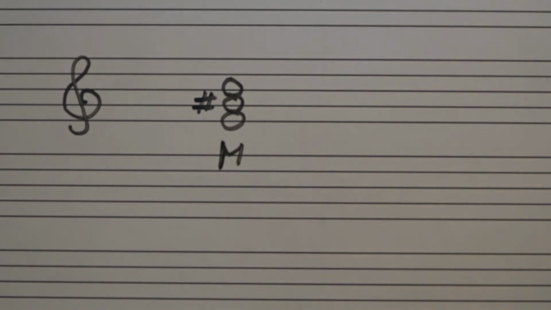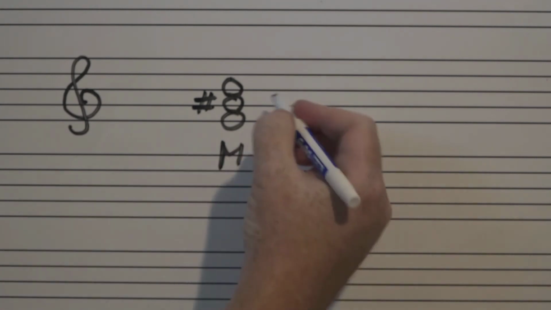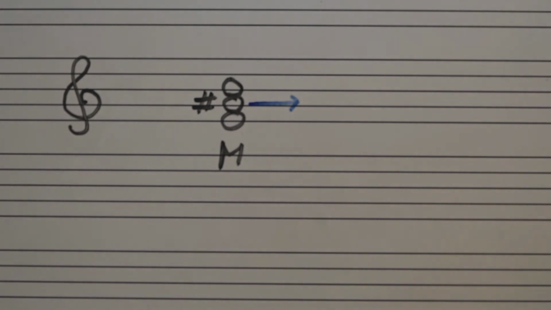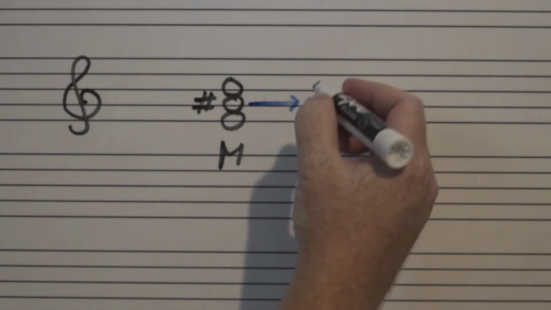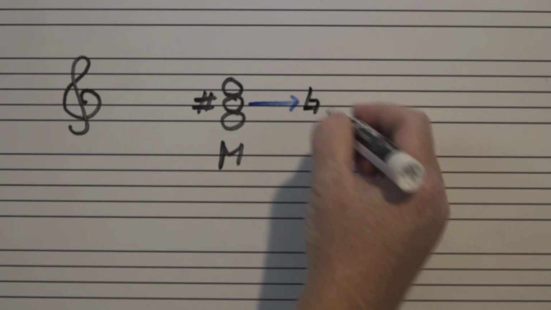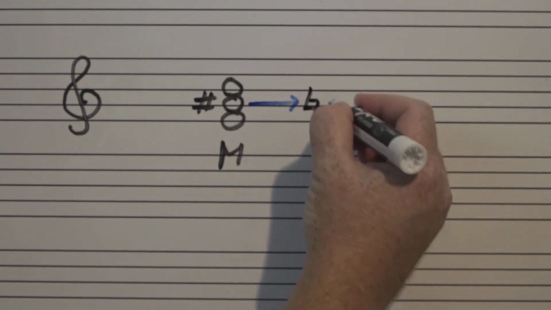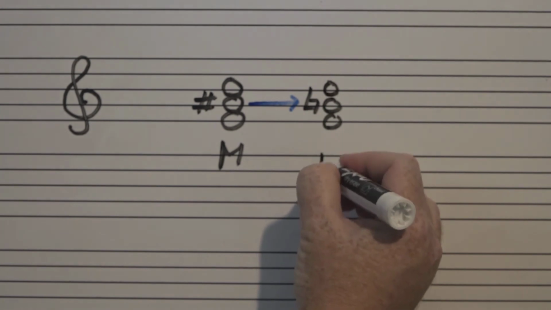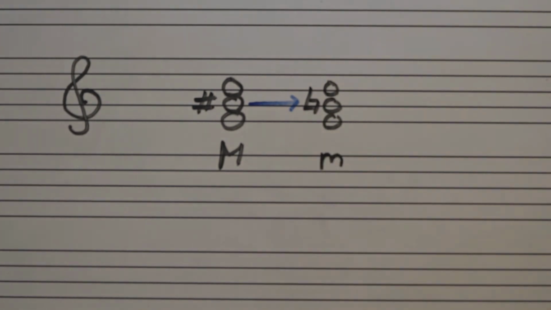So there's our major triad. And now we're going to lower the 3rd to a G natural. Now we have E, G, and B to make our minor triad.